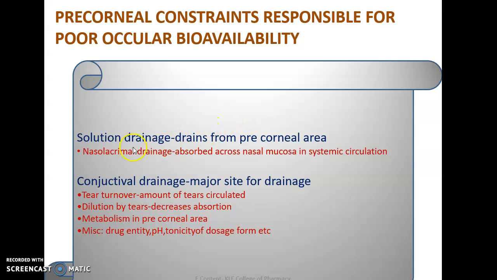Next is conjunctival drainage, a major site for drainage. Tear turnover, the amount of tears circulated, and dilution by tears decrease absorption. There is also metabolism in the precorneal area, the drug entity, and the pH and tonicity of the dosage form, etc.